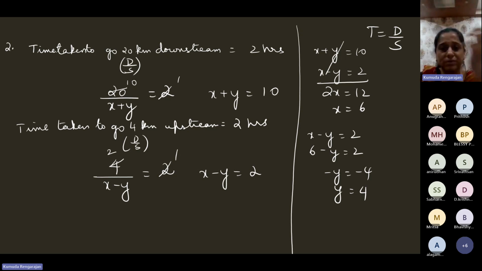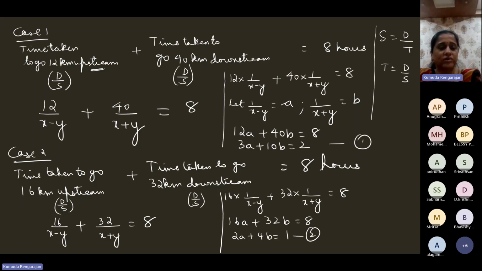Some distance upstream plus some distance downstream is 8 hours. So there the equation construction was slightly different. Time taken to go upstream plus time taken to go downstream is equal to 8. So here you had to assume let 1 by x plus y, 1 by x minus y and all that.